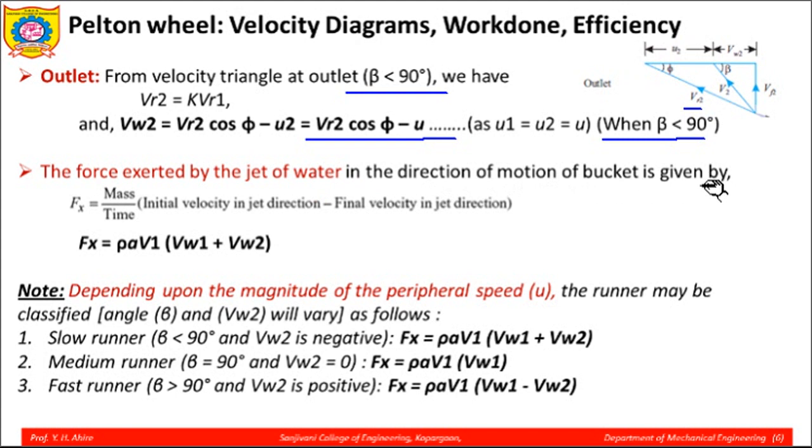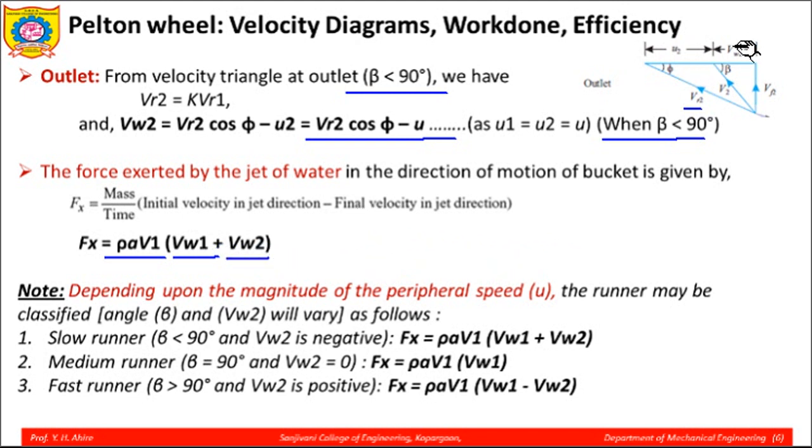So the force exerted by the jet of water in the direction of motion of bucket is given by Fx is equal to mass per unit time into initial velocity in jet direction minus final velocity of jet in the jet direction. So Fx is equal to mass flow rate, rho a v1, into bracket initial velocity of jet in the jet direction, that is tangential direction, Vw1, whirl velocity at inlet, minus final velocity of the jet in the jet direction, that is Vw2.